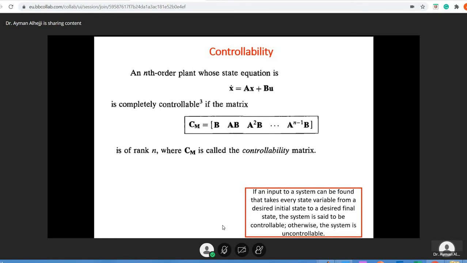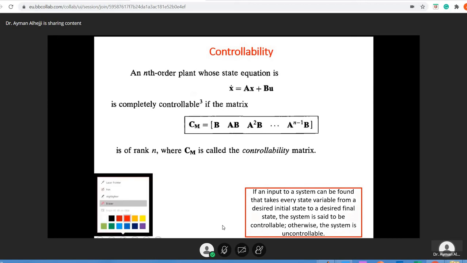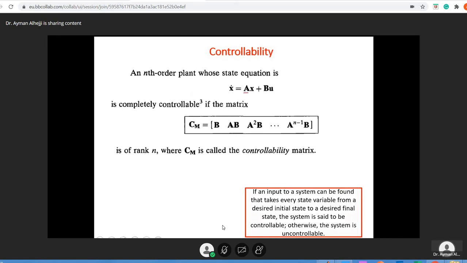So you cannot determine controllability of the system until you do the test. And we will see together how we can do the test of controllability. Controllability is usually related to the A and B, the state matrix A and the input matrix B.